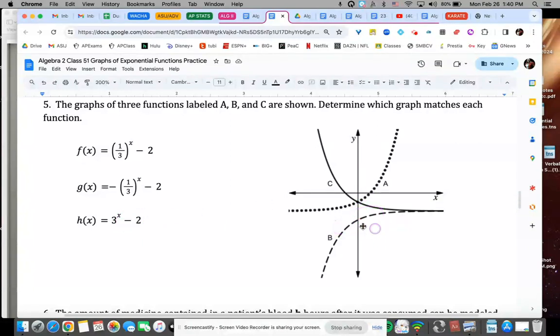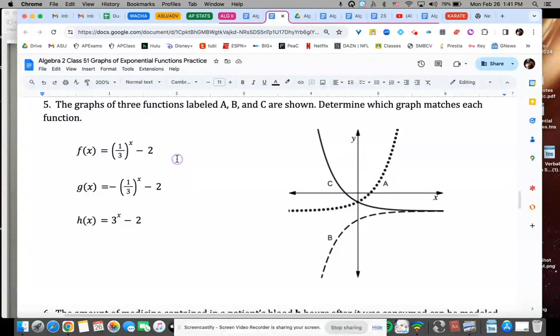This one looks like it's down further because it was reflected first. So it got reflected down here already. And then after it was down, then it got moved down after that. Where the other one started up here, at 1, I mean. These started at 1 and then they moved down 2.